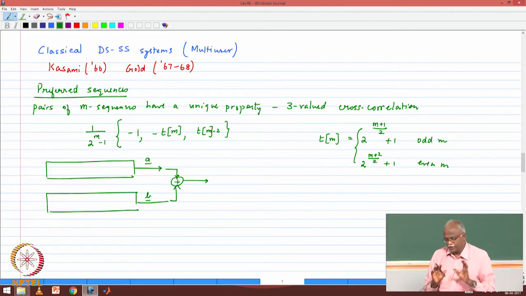Okay? And this was one of the absolutely remarkable results, because all it said was, you have now a large family of codes which have good cross correlation.